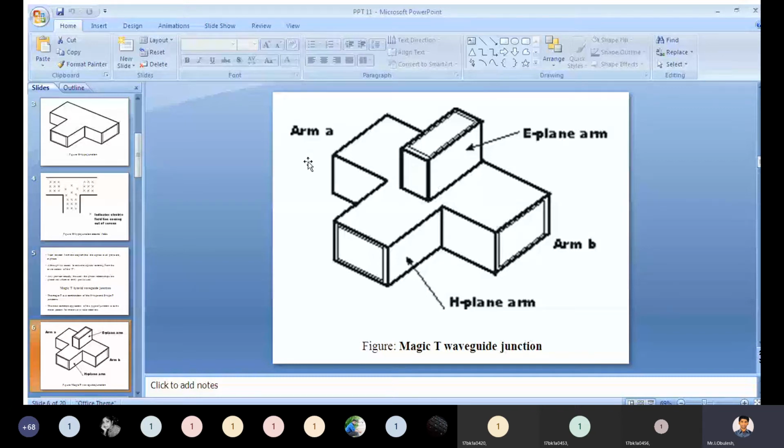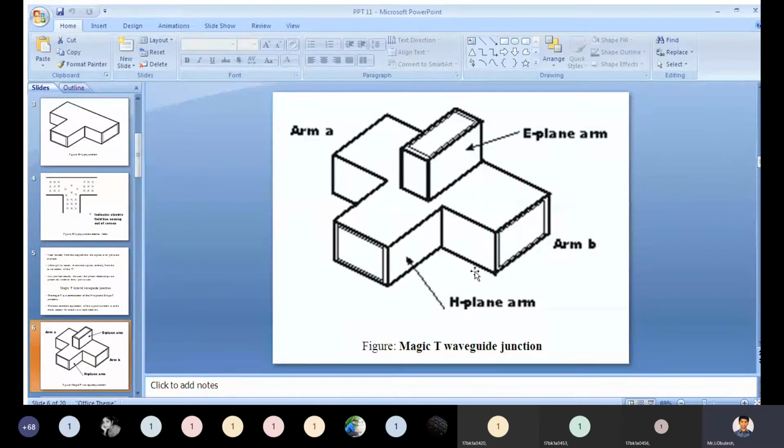It passes into the 2 legs, the legs consisting of the A and B arms. However, no signal will enter this H plane arm until getting the signal from these 2 arms.